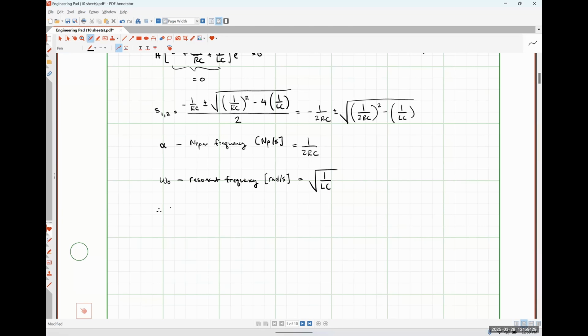So we could say that S1, 2 is going to be equal to negative alpha plus or minus the square root of alpha squared minus omega naught squared. Okay. So this is our fundamental definition for how we are going to solve for S1 and S2 for any given circuit.